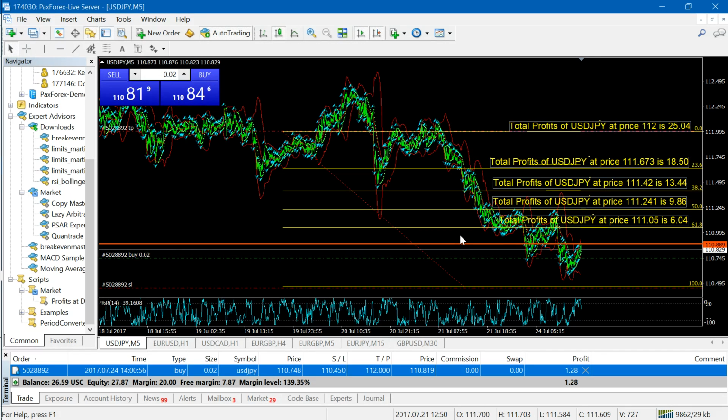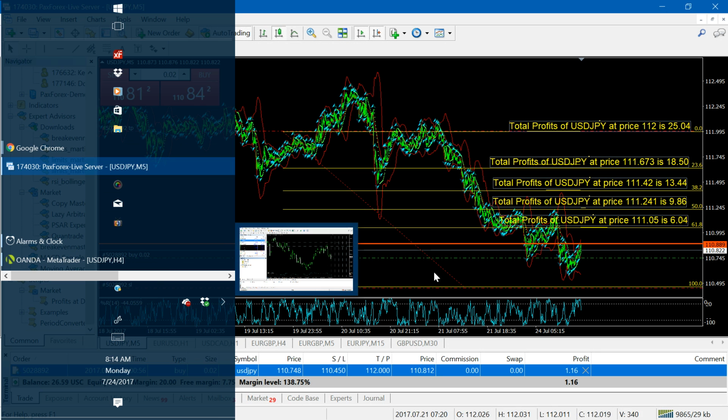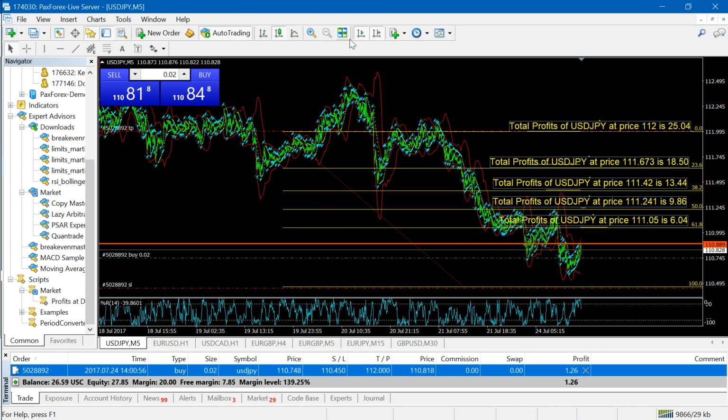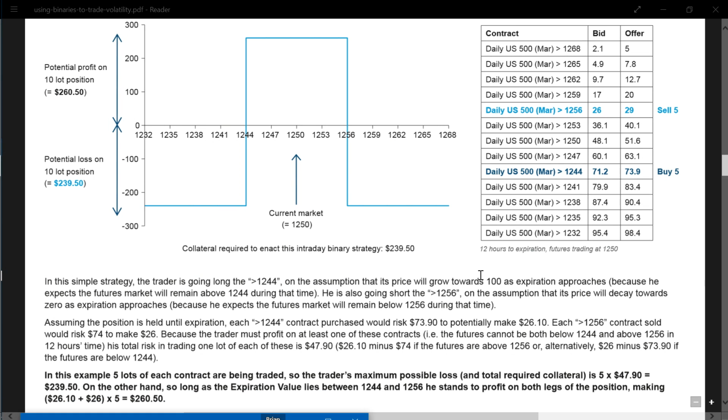So now we're going to move on real quick to the next level of business that I wanted to bring to you guys. Let's see here. This is from an ebook that I found at the Nadex website. It's called Using Binaries to Trade Volatility.